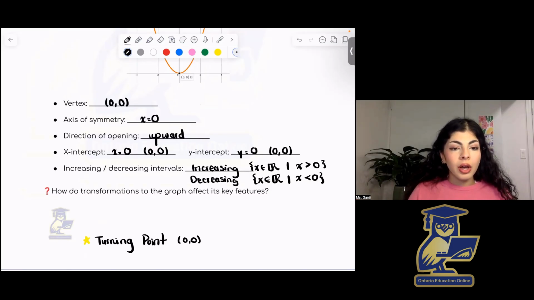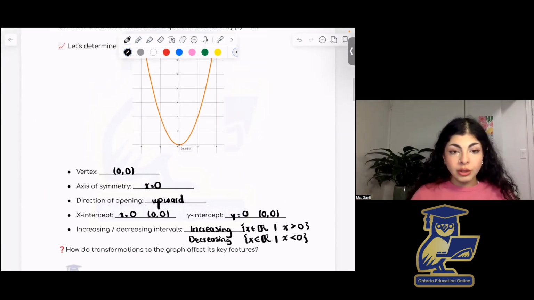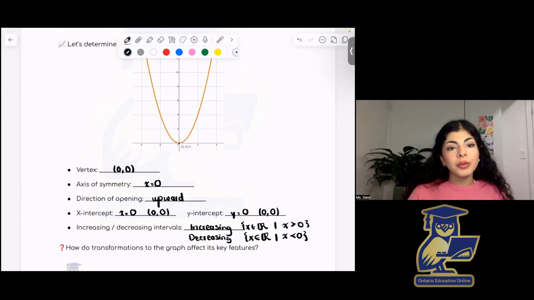So now, a question for you is how do transformations of the graph affect its key features? So consider the transformations we've seen so far. For example, if I move this graph, or this parabola, upward, so I translate 3 units up, then I notice that my vertex has changed as well as my y-intercept and my x-intercept.